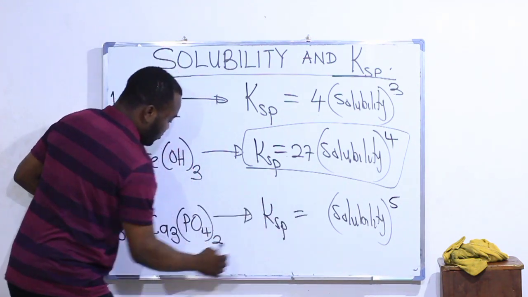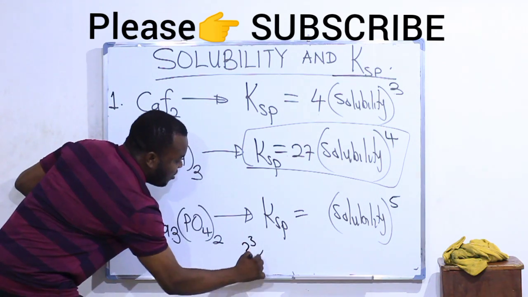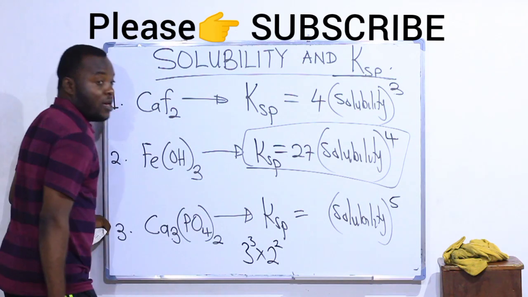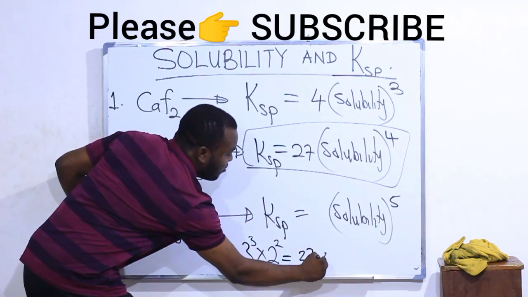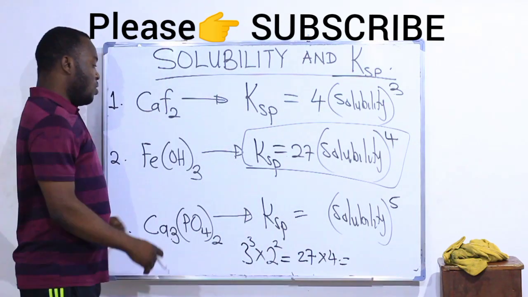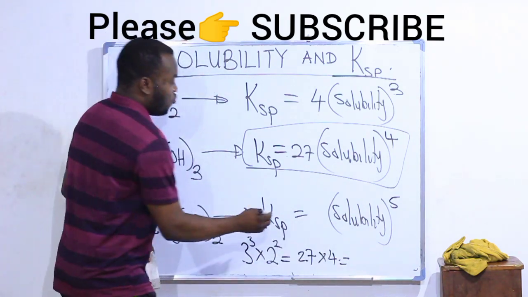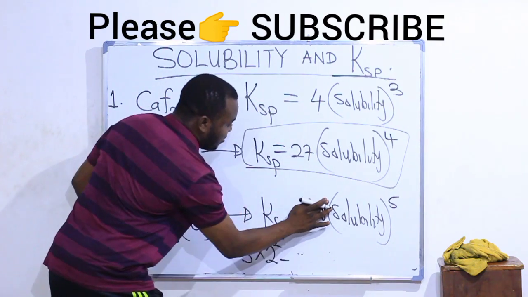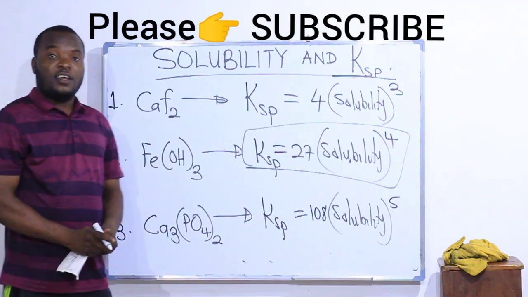Now for the coefficient, for calcium it is 3, raise it to power itself, times, for phosphate it is 2, raise it to power itself. And 3 raised to power 3 is 27, times 2 raised to power 2 is 4. Now 27 times 4 will give us 108. So we'll have here as 108. And that is the formula for the Ksp of this.